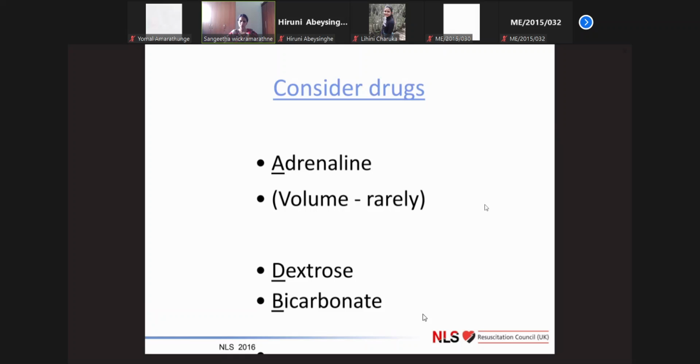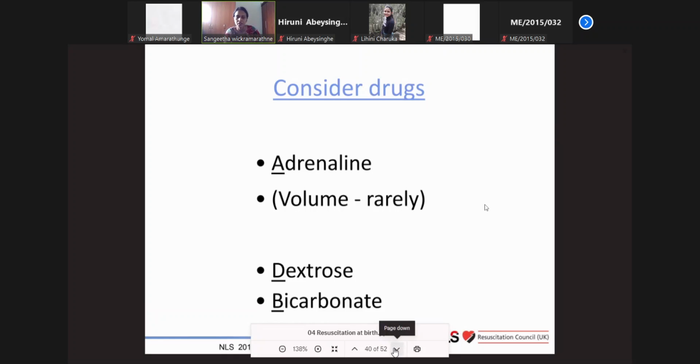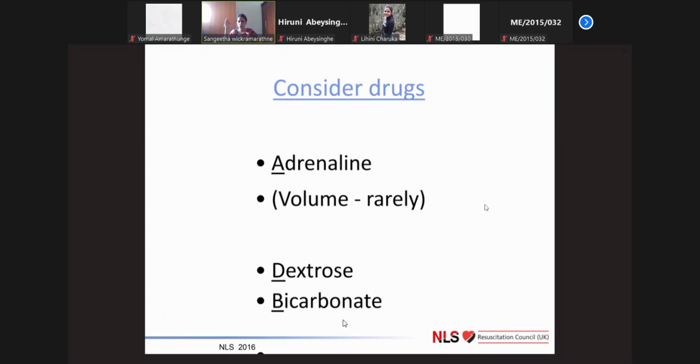So if you had to support the heart with drugs, there is a high chance of mortality, so giving bicarbonate might not work. But don't give bicarbonate at first instance. As for cardiac drugs, don't talk about it even, right? The drugs during resuscitation that you will need are normal saline, adrenaline and dextrose, rarely bicarbonate.